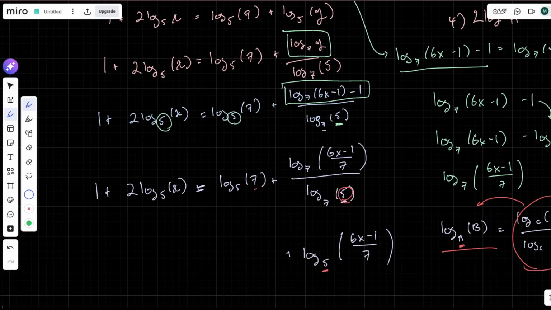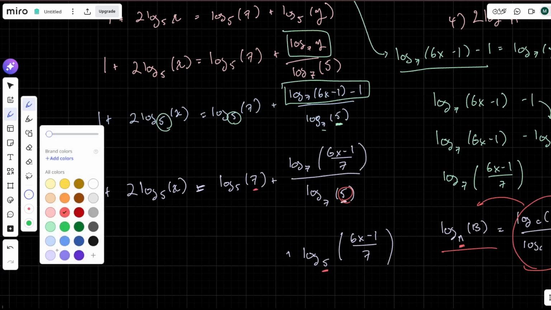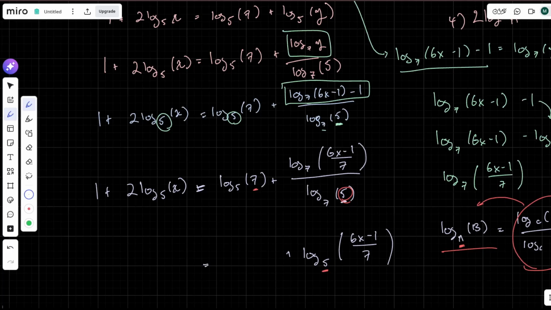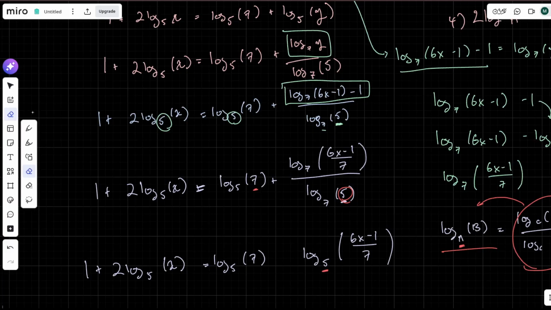We can see here, and this is going to be super helpful, that I have a log base 5 of 7. Some of you may have guessed what we're doing next, which is the addition formula from our list of formulas. We have two logarithms with the same base and no coefficients, just log 5 of something plus log 5 of something.